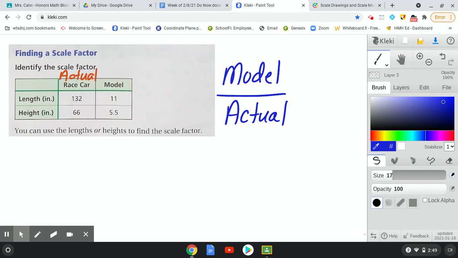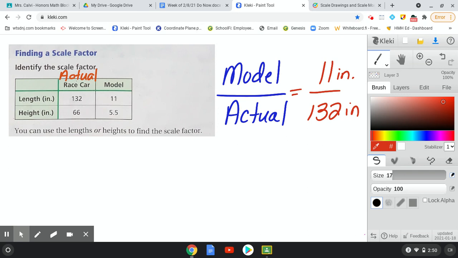So here I can either use the lengths or the heights. I'm just going to go with the length. So the model length is 11. And the actual length of the car is 132. And here we're talking inches if we wanted to put our unit in. So now, in order for us to find the scale factor, we are just going to simplify this down.